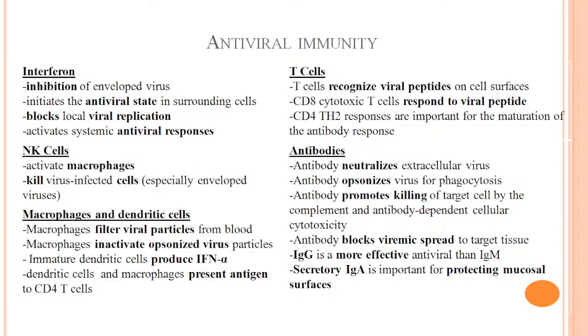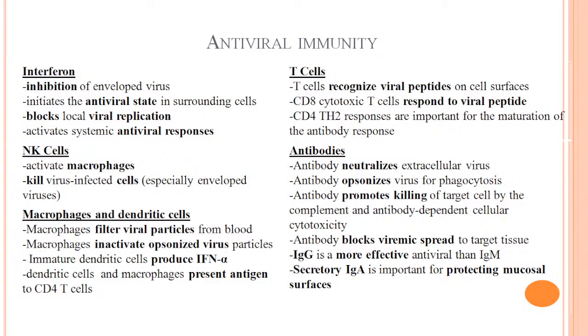Another immune mechanism active in antiviral protection is natural killer cells, or NK cells. They activate macrophages, and another main mechanism is that they kill virus-infected cells, especially enveloped viruses that are sometimes present intracellularly inside the cells.